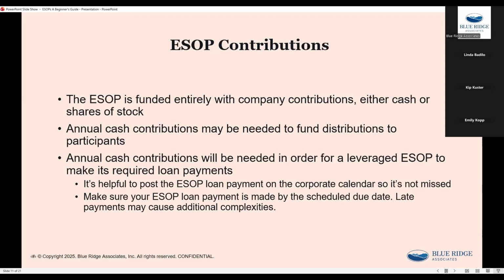So this could end up in different outcomes than what you originally intended from an allocations perspective. So just keep that in mind, that you don't want to be straying far from the amortization schedule for your ESOP note, and to be making those loan payments for the correct amounts and on time.